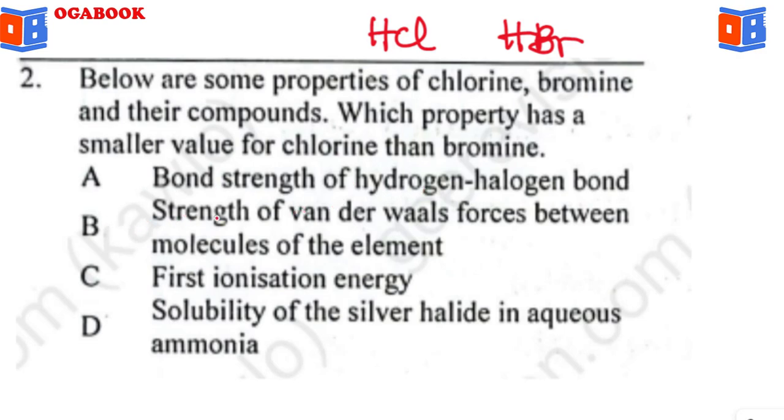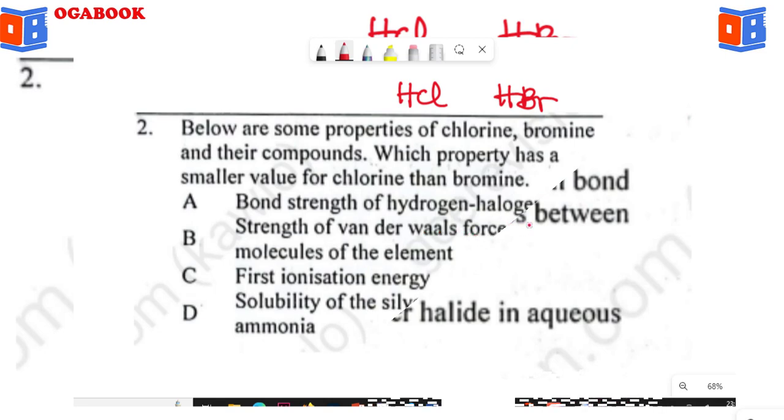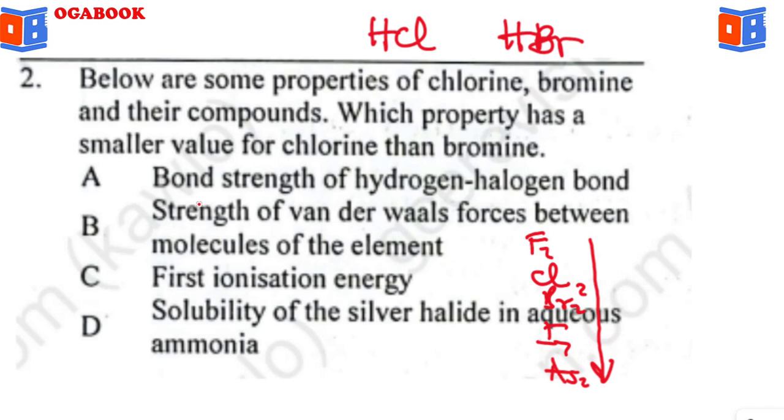Option B, strength of van der Waals forces between the molecules of the elements. So we know that for fluorine, chlorine, bromine, iodine, and astatine, the van der Waals strength increases down the group as the molecular mass also increases. Therefore, we have option B to be correct.